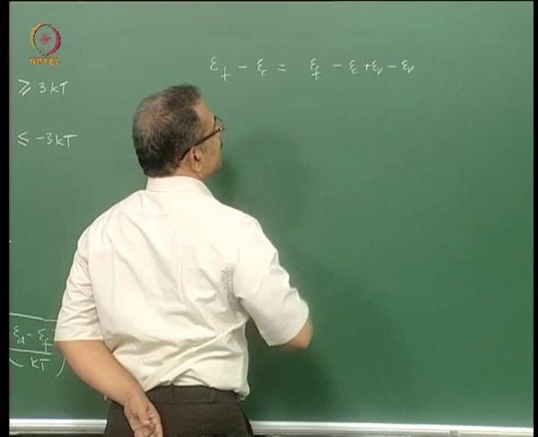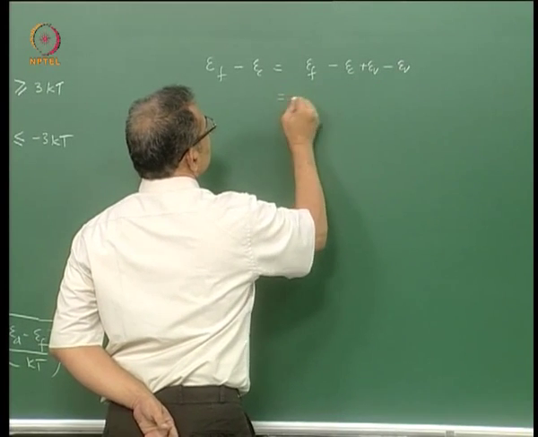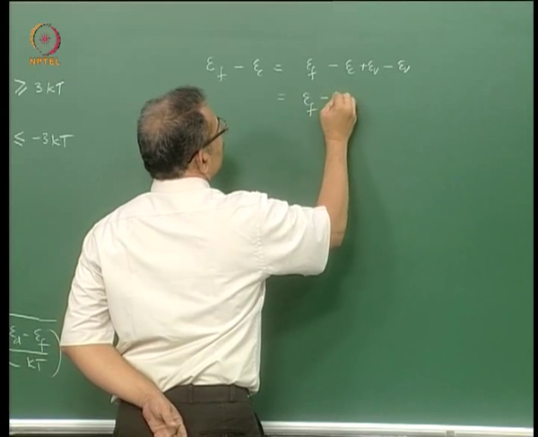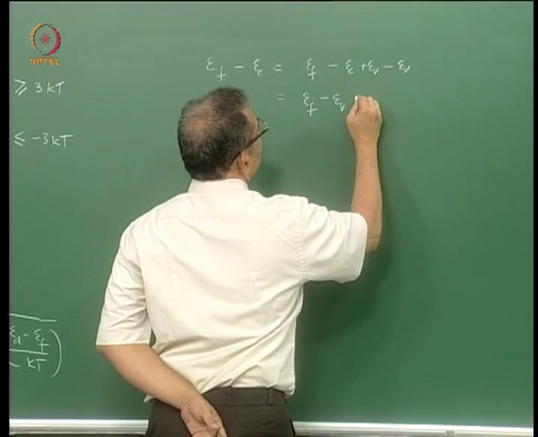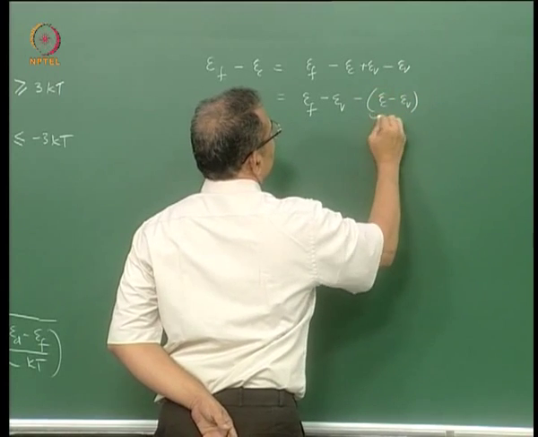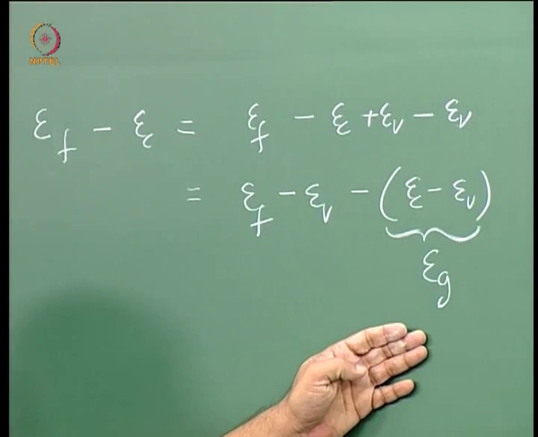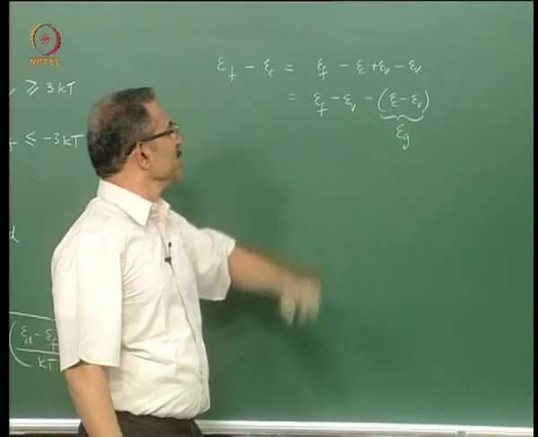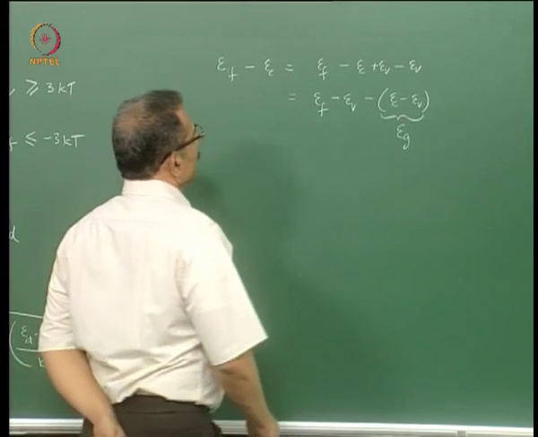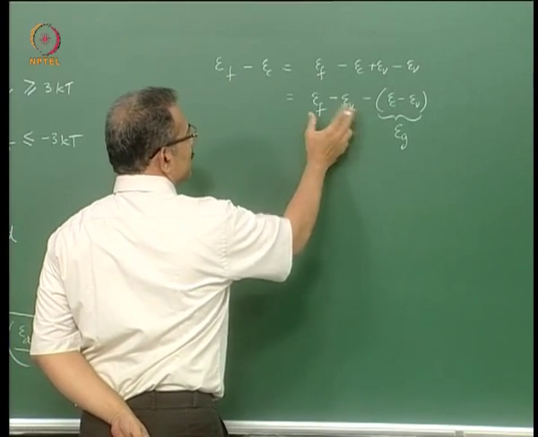So add and subtract Ev because this is your reference. Now what will happen is this can be written as Ef minus Ev minus Ec minus Ev, and this is nothing but energy gap, and you have an expression for energy gap. In fact, we are shortly going to give you expression for energy gap. So that is how Ef minus Ec can be converted into Ef minus Ev.